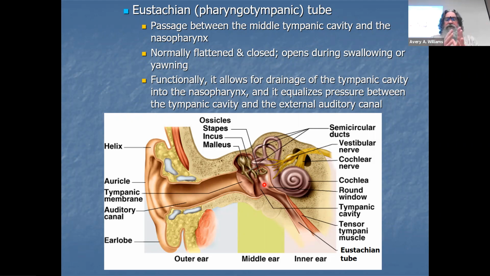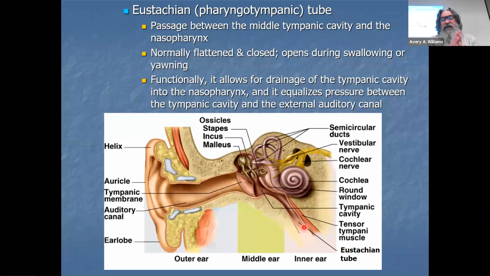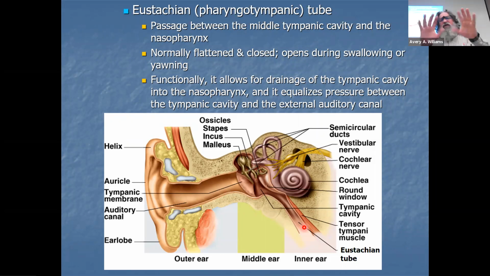And so if you're moved from one area of a certain kind of pressure to another, your eustachian tube helps equalize that pressure. Like, for example, if you've ever been in an airplane, and you get up in the airplane and your ears kind of start to hurt, you can remedy that by chewing gum. What? Yeah, if your ears bother you on a plane, chew gum.